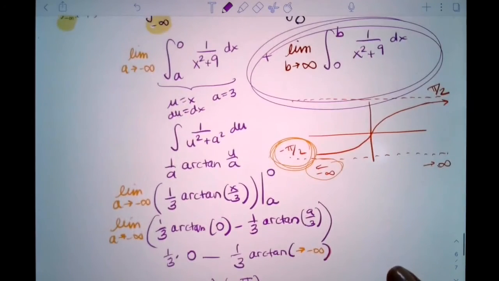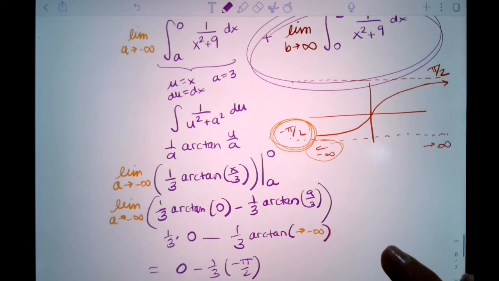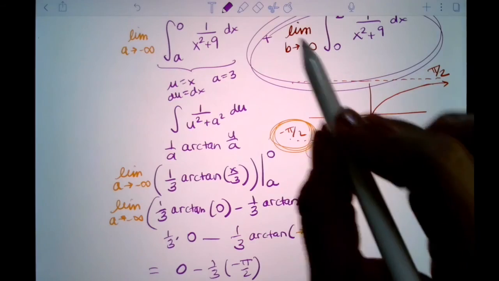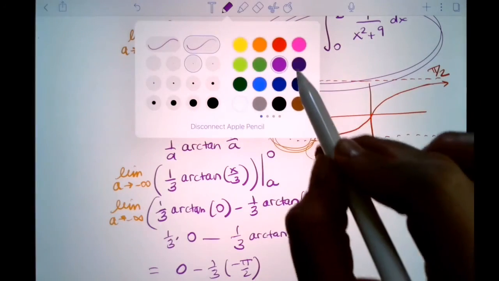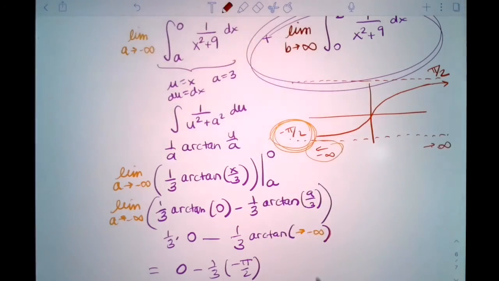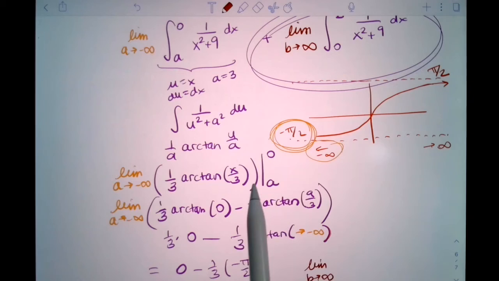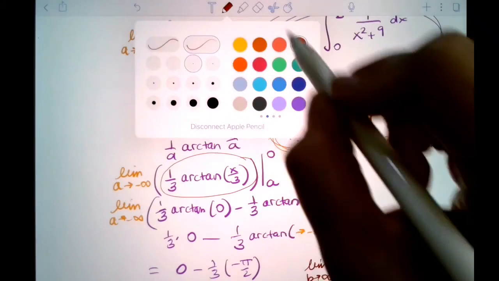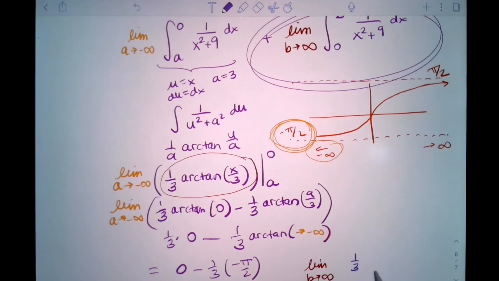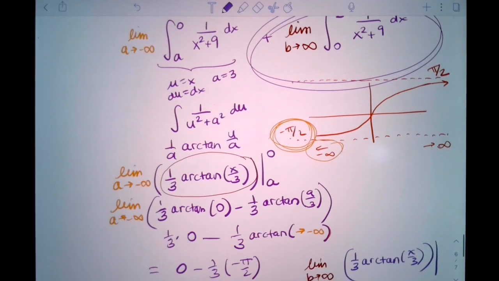So what does that mean? Let me try to get this in a spot where I have room. I'm going to leave that limit, right? It's the limit as b goes to infinity. Now my antiderivative is going to be the same antiderivative that I had here: 1/3 arctan of x over 3, evaluated from 0 to b.